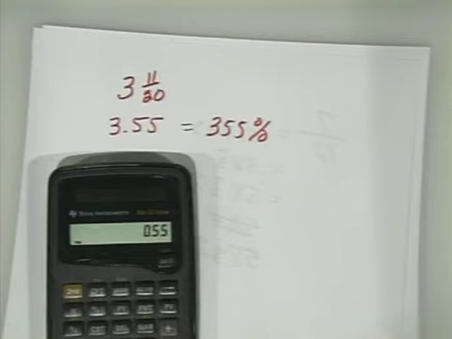And if you did that, you're going to get 3.55. Does what 355% means make sense? It means lots more than 100%. More than whole, 3 times more. I always use that as a shopping experience. If you thought you were going to spend $100, it would mean you spent $355.